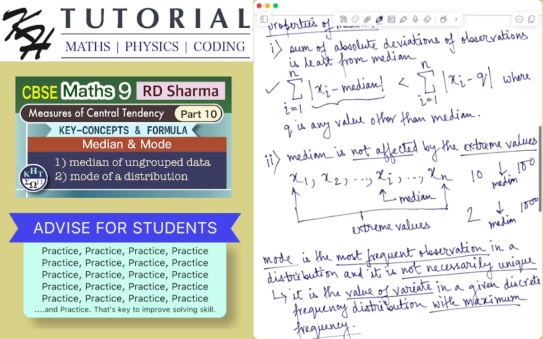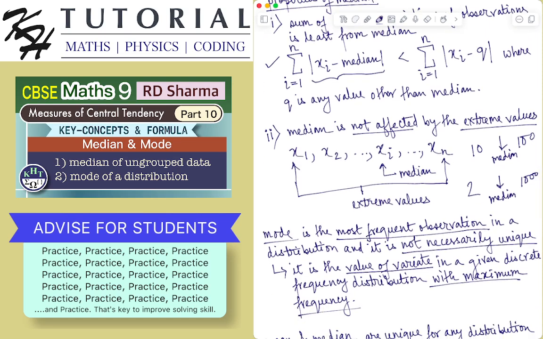What is mode? Mode is the most frequent observation in a distribution. So if you are given a raw distribution, that is raw ungrouped data, then you just create the discrete frequency distribution from that raw data, and then you locate the value of the variate whose frequency is maximum.